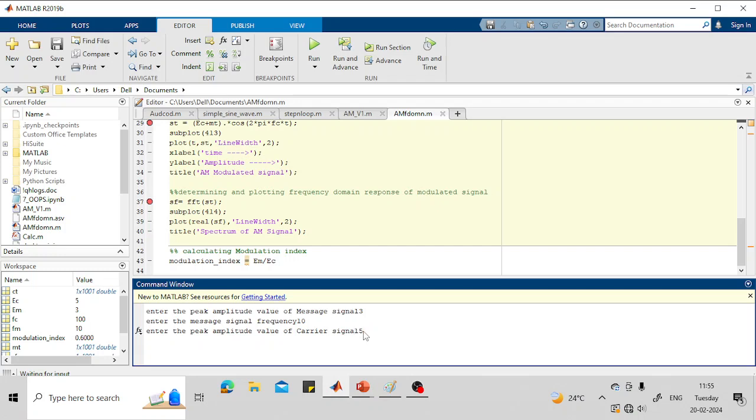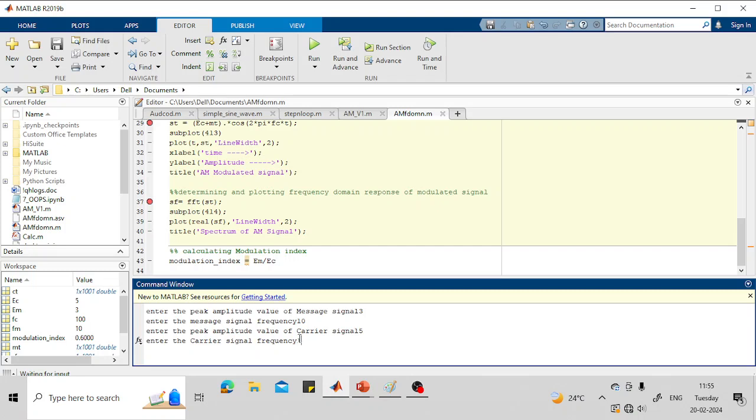And what about carrier frequency? Usually carrier frequency should be more than 1k, 10k, like that, because my message frequency I have taken is 10. Compared to this message frequency of 10, I should use a very high frequency of carrier signal.